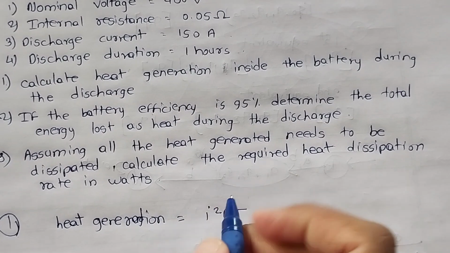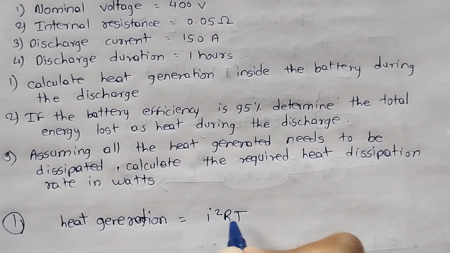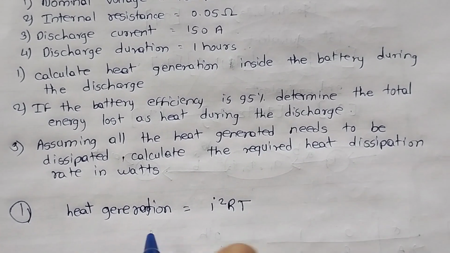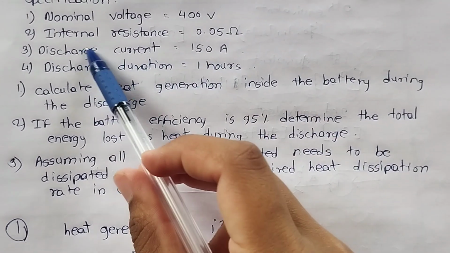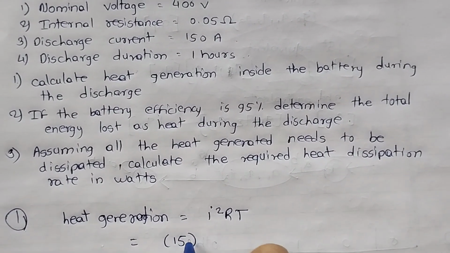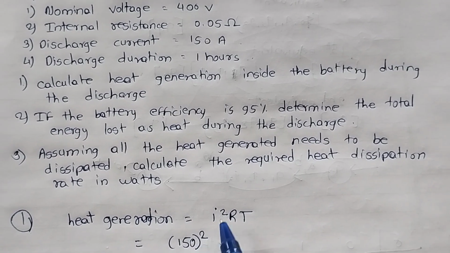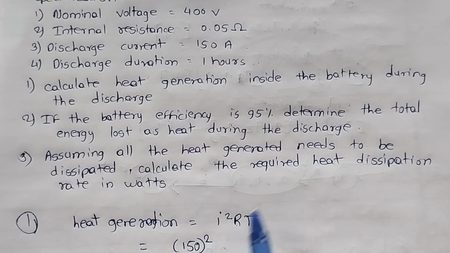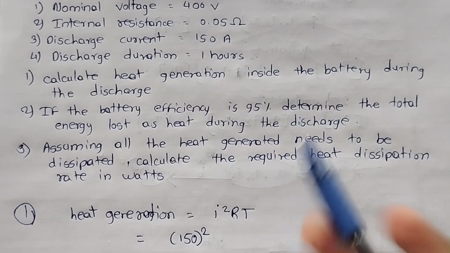This I is nothing but the current, R means resistance and T means time. So the discharge current is given as 150, and I square means 150 square. R means resistance, so internal resistance is 0.05 ohm.